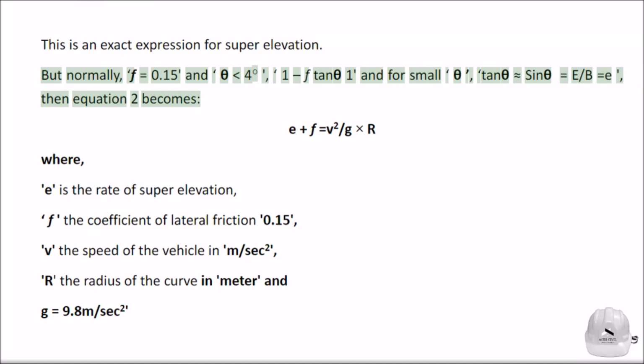For small θ, tan θ approximately equals sin θ equals e/b equals e, then equation 2 becomes e plus f equals v²/(g times R), where e is the rate of superelevation, f the coefficient of lateral friction 0.15, v the speed of the vehicle in m/sec, R the radius of the curve in meters, and g equals 9.8 m/sec².